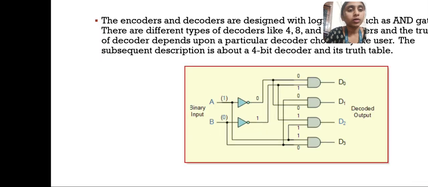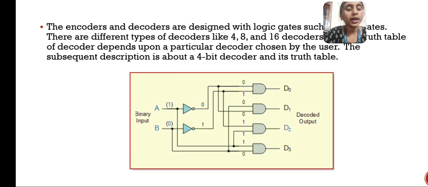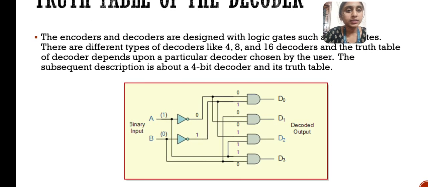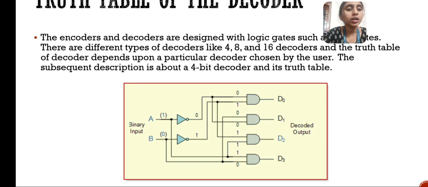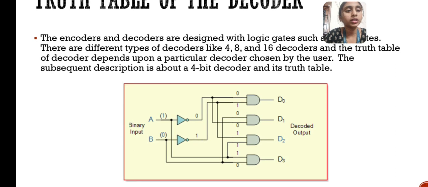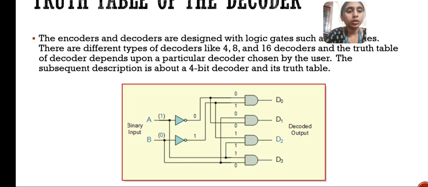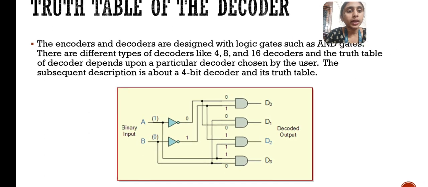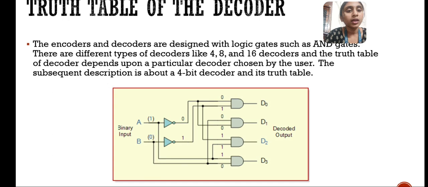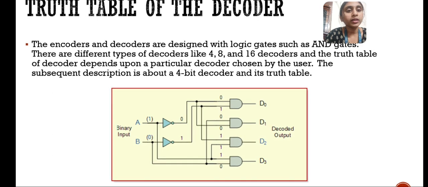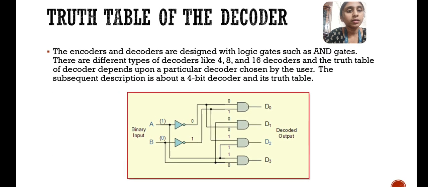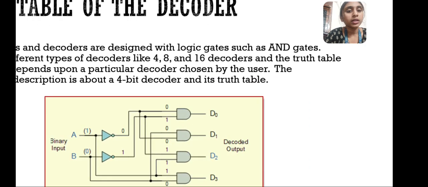So, the 4-bit decoder. In this we have input lines A and B, and outputs are D0, D1, D2, D3. Four outputs, as it is a 4-bit decoder. Here we have the NAND gate, NOT gate, and AND gates, and 1 and 0 logic.